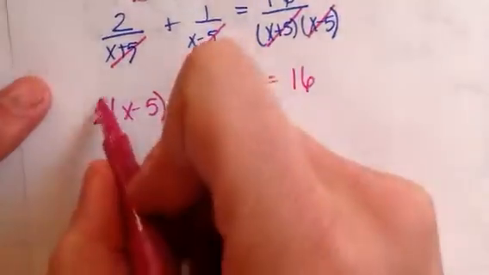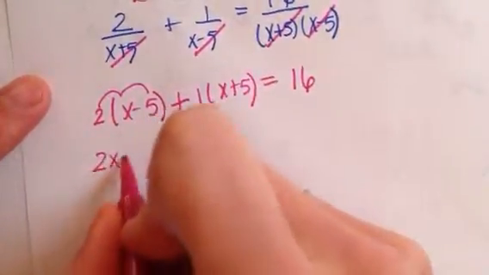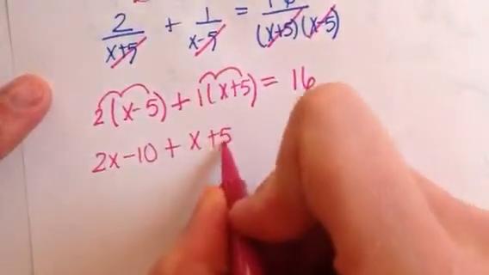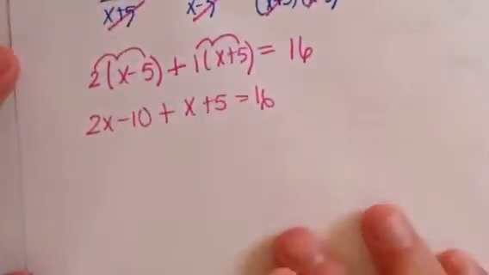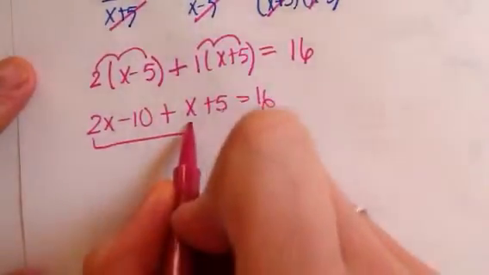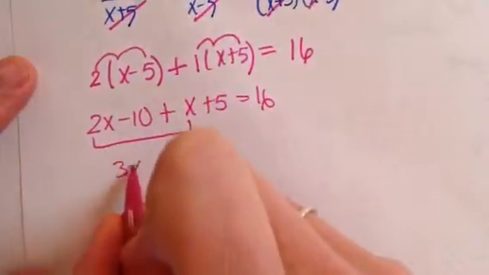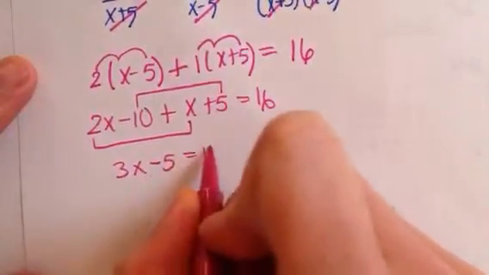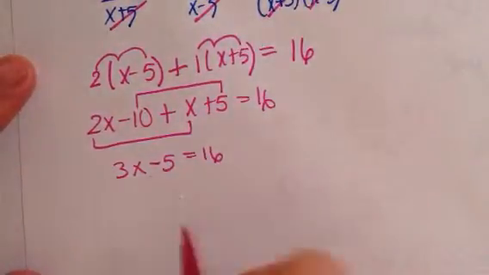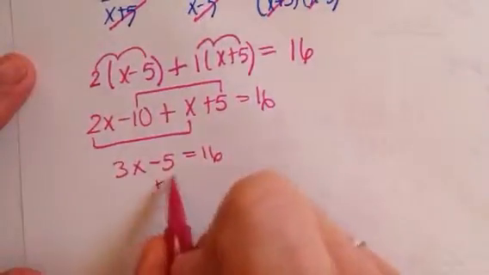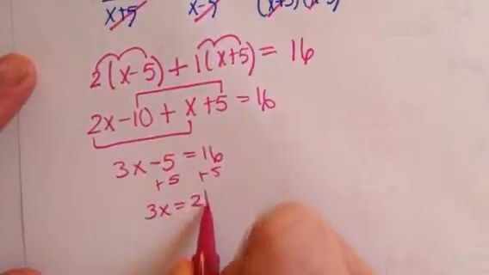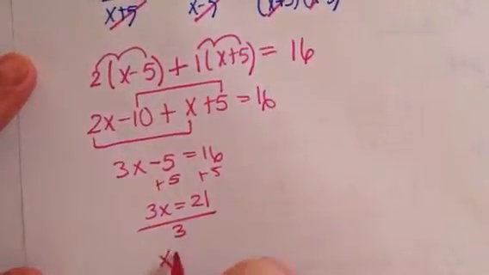I'm going to distribute my 2, so 2x minus 10 plus, distributing the 1, x plus 5 equals 16. I'm going to combine like terms. 2x plus x would be 3x. Negative 10 plus 5 would be negative 5 equaling 16. I am then going to add 5 over. 3x would equal 21. Divide by 3 and x would equal 7.